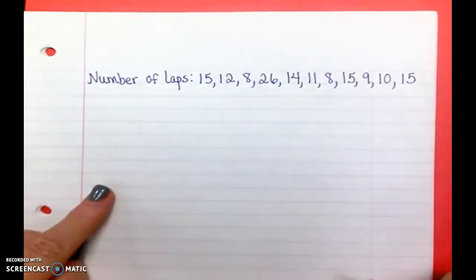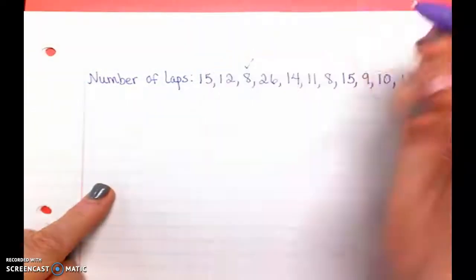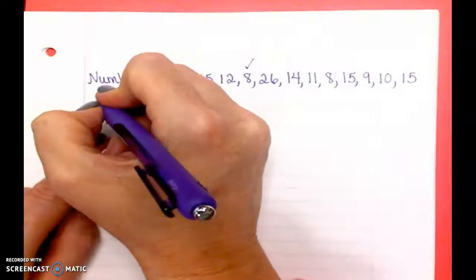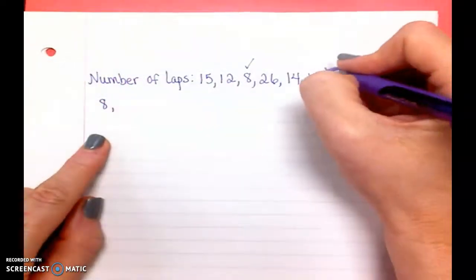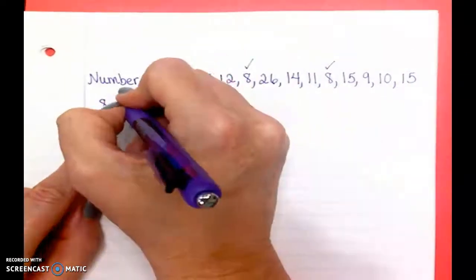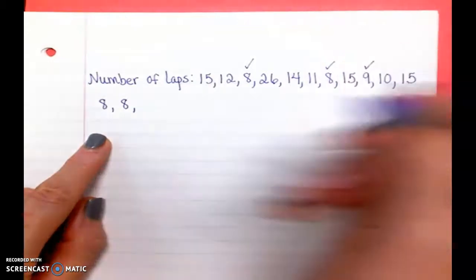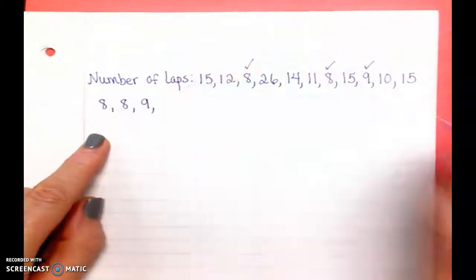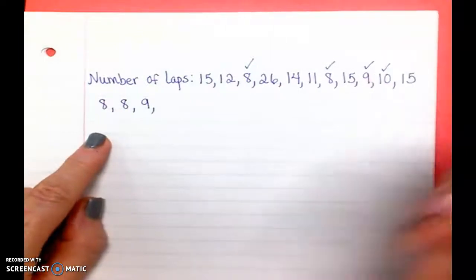All right, we're going to start with putting these numbers in order from least to greatest. So when I look through my list, I see that 8 is the smallest number on my list. And I have another 8 here. And then the next highest number would be 9. Okay, and then we don't have any more 9s. We have a 10 here.